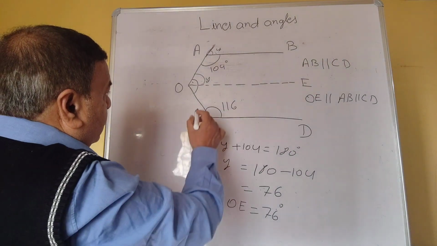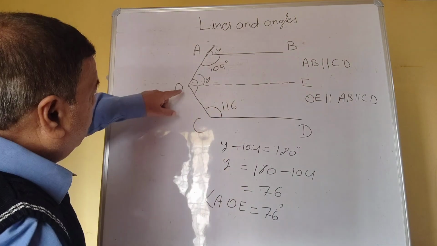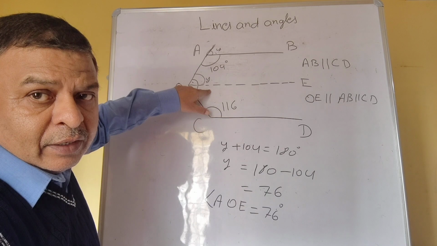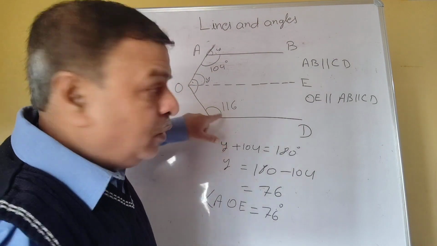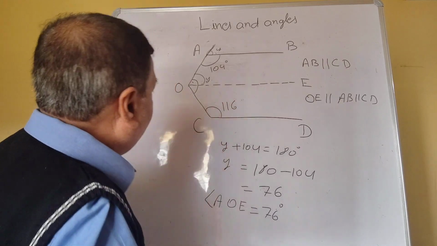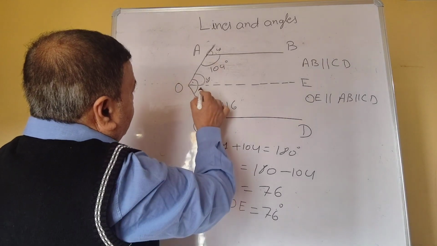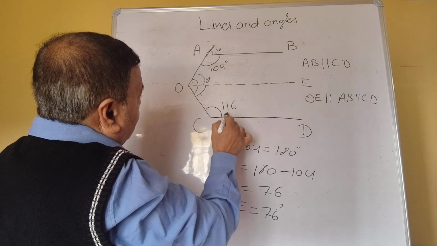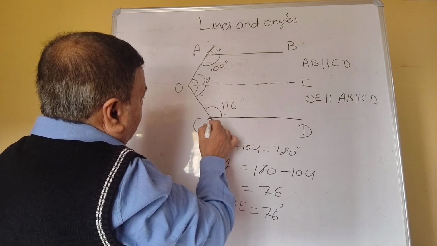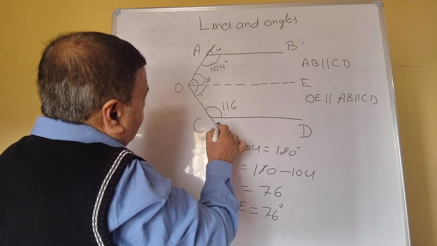Now we will look at OE and CD. Both are parallel. Similarly, these two angles will make 180 degrees.